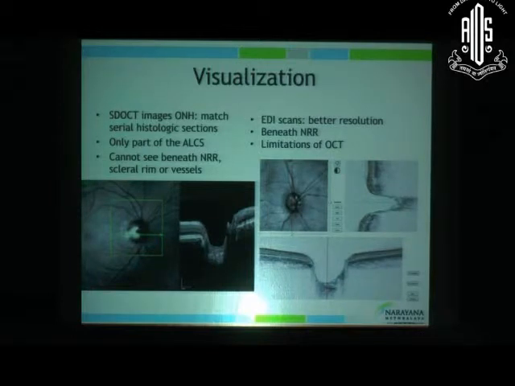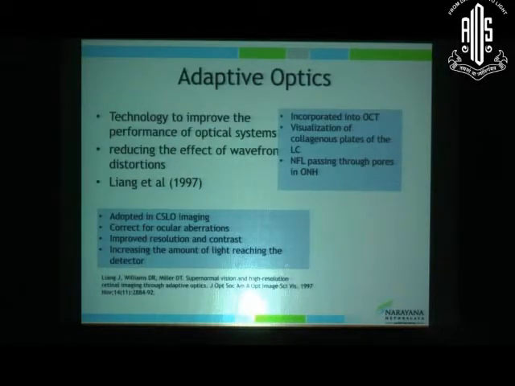Those are all barriers because it's definitely an optical imaging device. With the enhanced depth imaging software available on the spectral domain OCTs, you get to see a bit beneath the neural rim. The resolution is definitely better, but there are the usual limitations of the OCT.